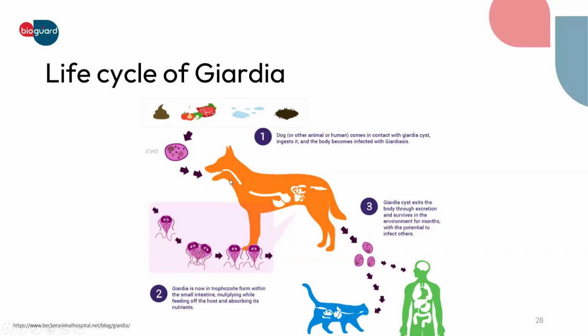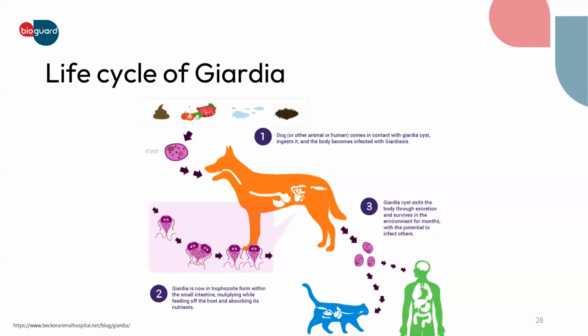And when it enters the gut area of the dog, in the intestines, it starts to replicate and make more Giardia cells in the small intestine. This multiplication always happens inside the host, where Giardia is actually using host nutrition to replicate.